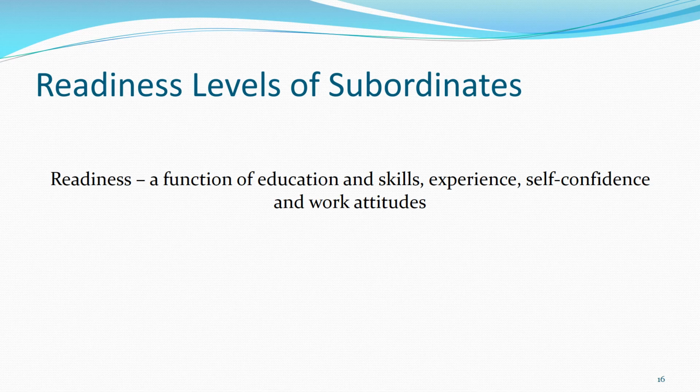So if a person is well educated in terms of what you want them to do, they're skillful, they have the experience, and they are confident of the outcomes they can produce, and they are what we talked about, theory Y type individuals who don't have to be coerced and directly controlled, or who are not just motivated in an extrinsic way. If their attitudes are in the right place, then you can say that that's a person who is ready.